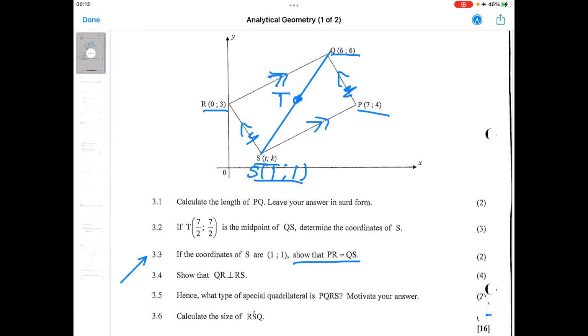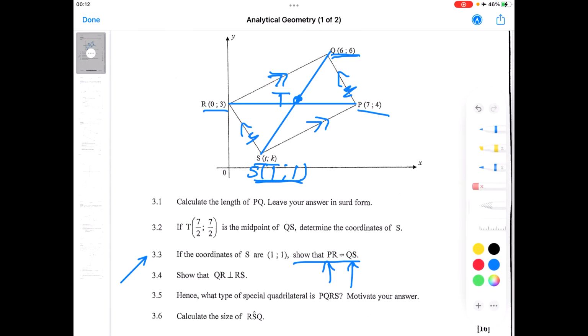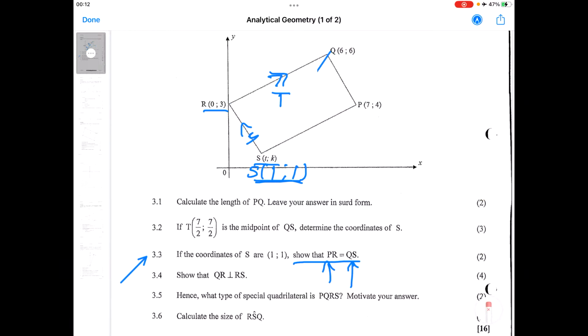Meaning the diagonal line from P to R will be equal to Q to S. And when you show that, you can use the distance formula to say the distance from PR is equal to the distance from QS. You use that same formula that I explained. So try to work it out and see if you get the same answer as the distance for those. I think that gives you an idea of how you work it out.